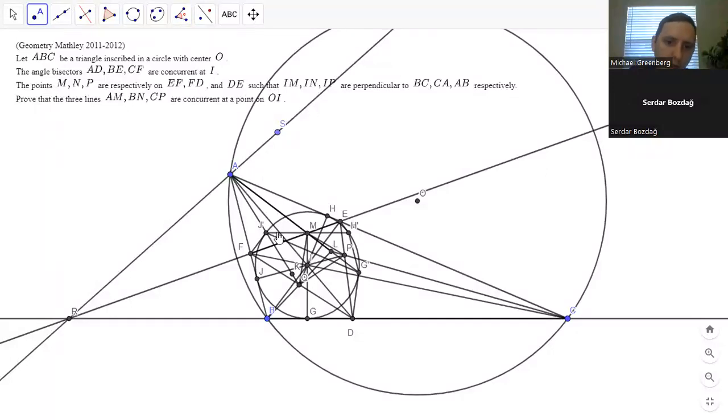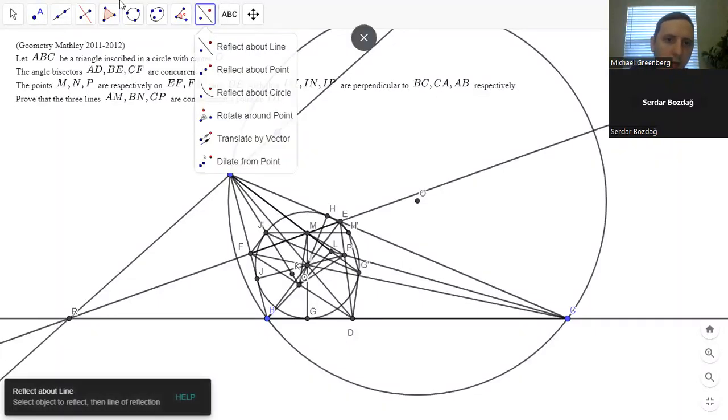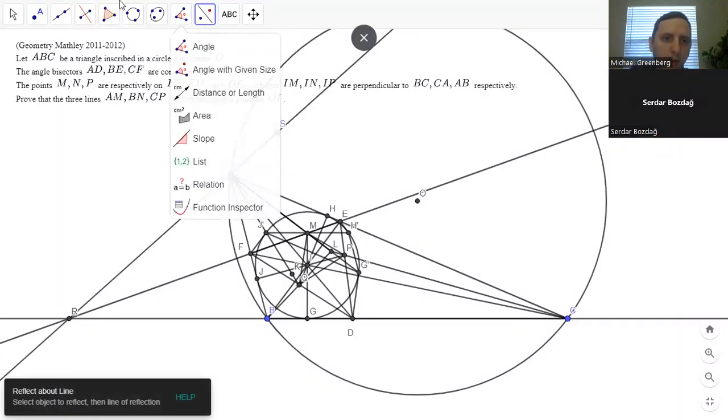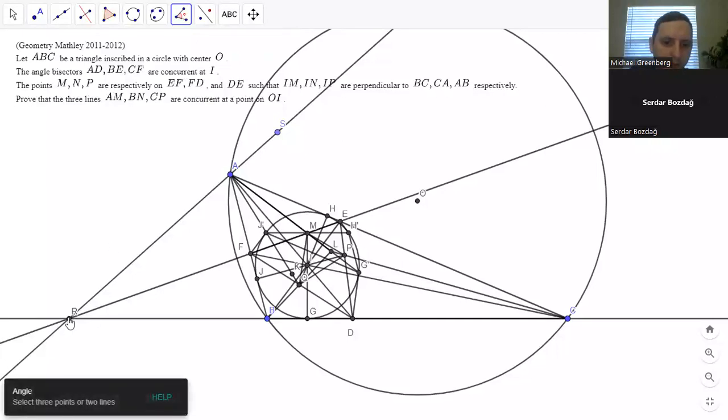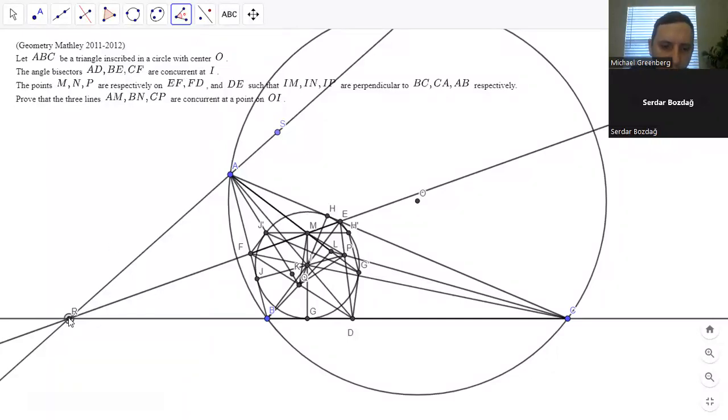Is that the same as showing these are perpendicular? Let me see. Because I think it might be trivial by the isogonal line lemma. Yeah, because angle RAI is a right angle and AI is an angle bisector. So angle RAB is equal to angle SAC, right?